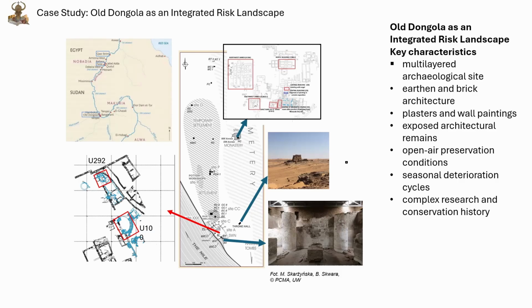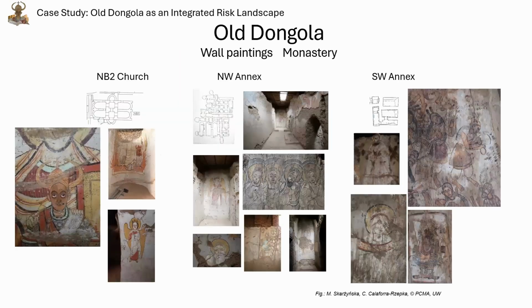Its conservation challenges cannot be reduced to one material or one risk. The site includes problems of exposure, salt, structural instability, open air preservation, maintenance, and the relationship between excavation and long-term care. And this makes it a strong case study for integrated conservation planning.